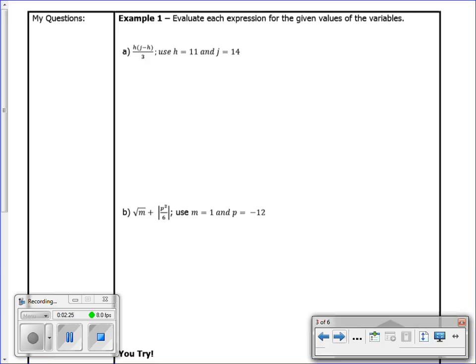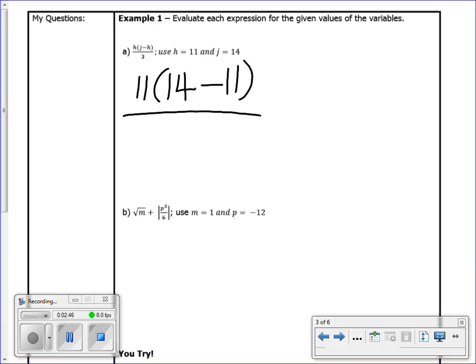So we have an H, so we have 11, and then a parenthesis, and now a J. Instead of a J, you're going to insert the number 14, minus H. H again, we insert the number 11, parenthesis, division sign, and a 3.